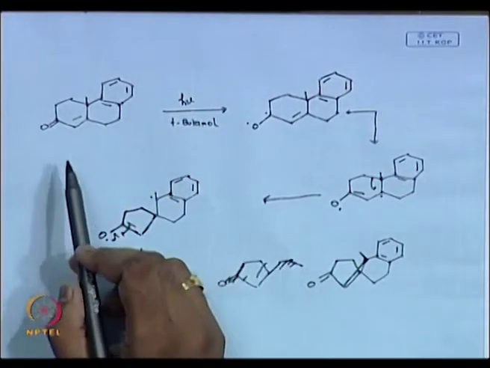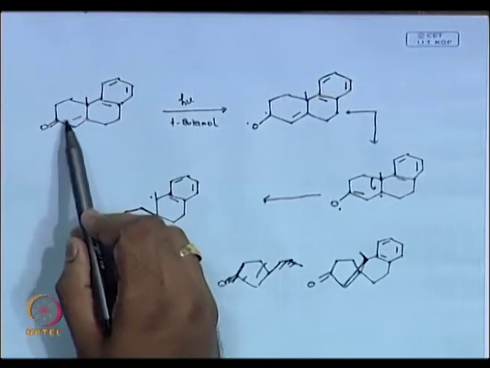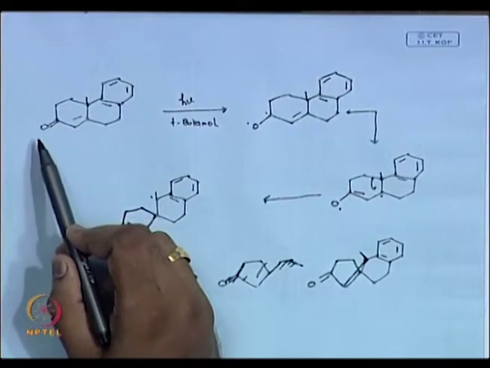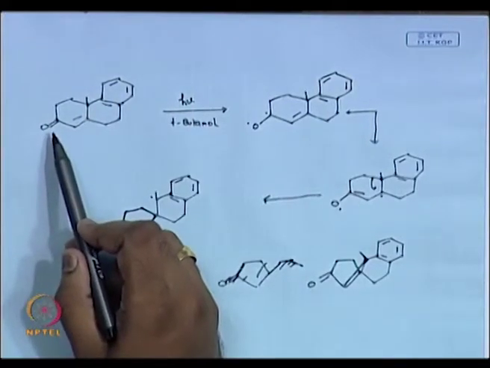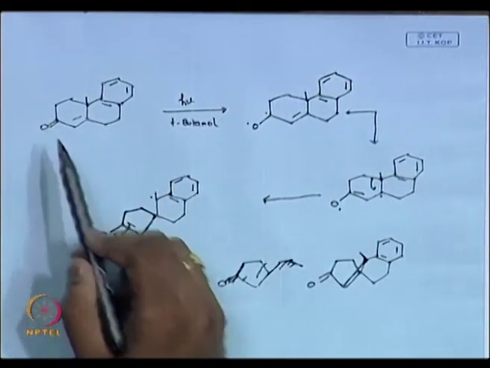IR, how much does it come? This carbonyl. What is this carbonyl? This is an alpha beta enone, it's not just a carbonyl, right? Where does it come? 16? 1680 is the enone, ketone is 1720. So it is 1680. You are good. This one?